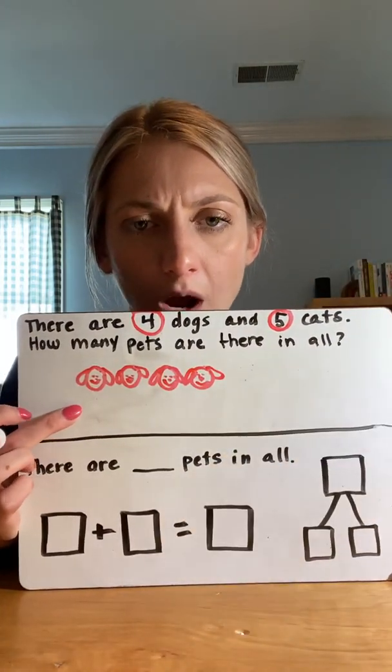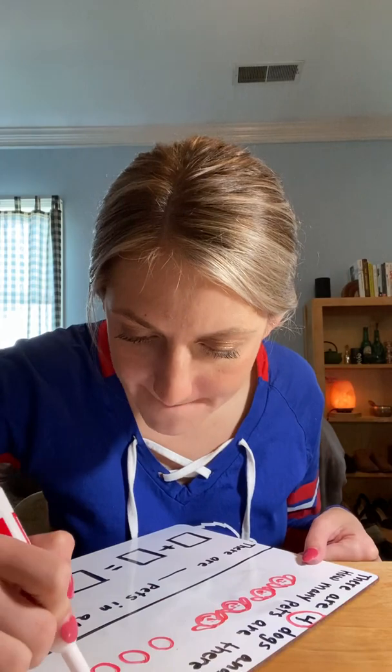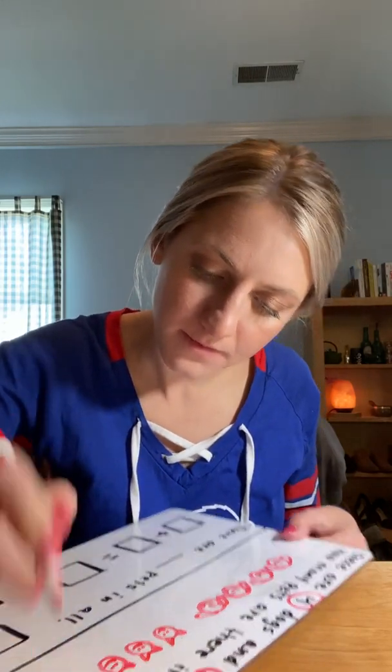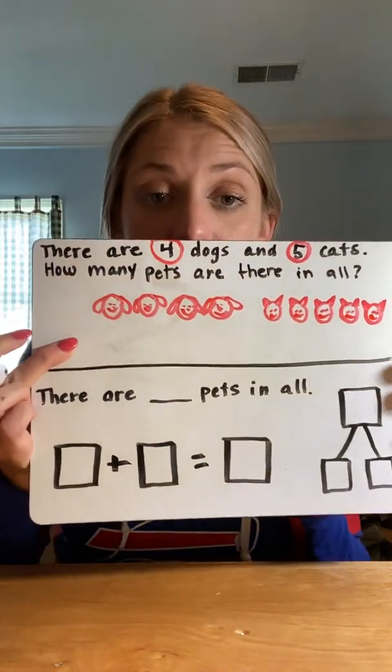And then I have to draw my 5 cats. So I'm going to come over here and I'm going to draw 5 cats. If you have a piece of paper, you can be doing this with me. I have my 4 dogs and my 5 cats.